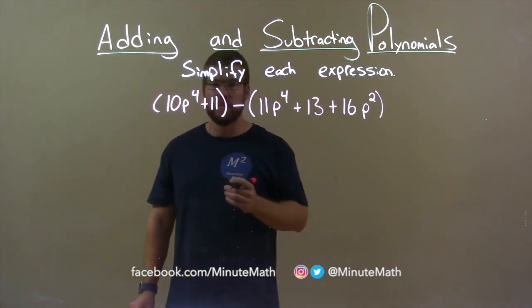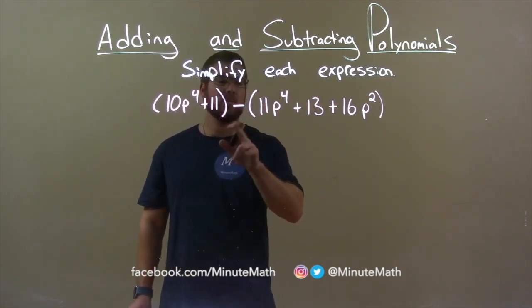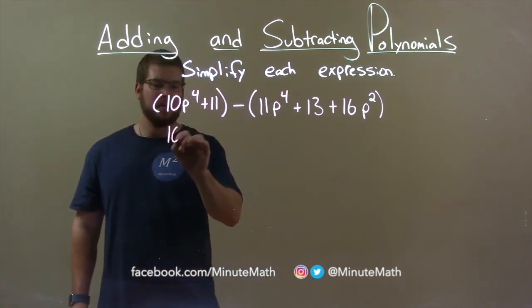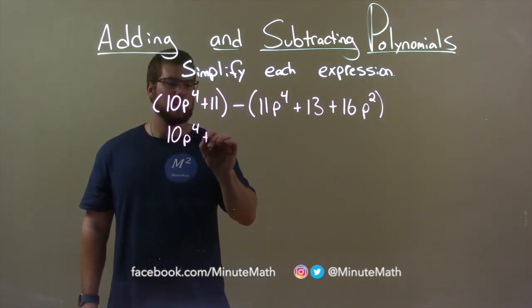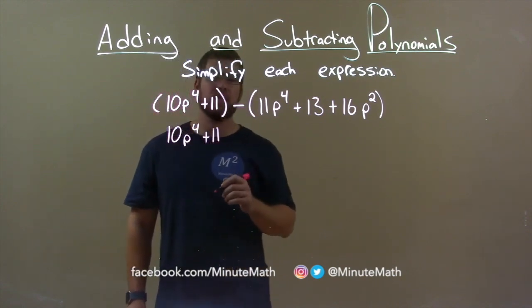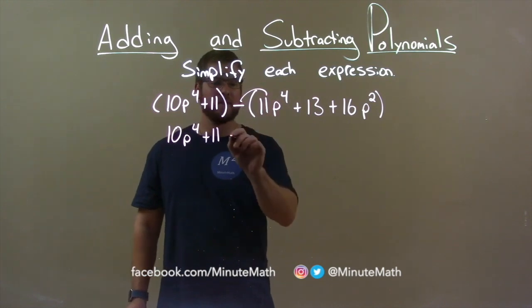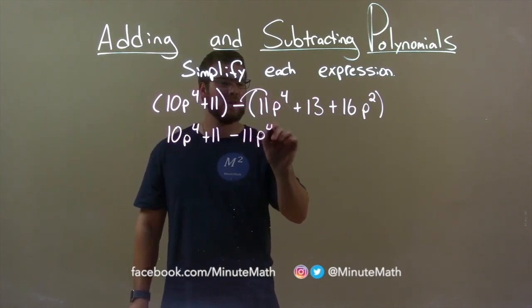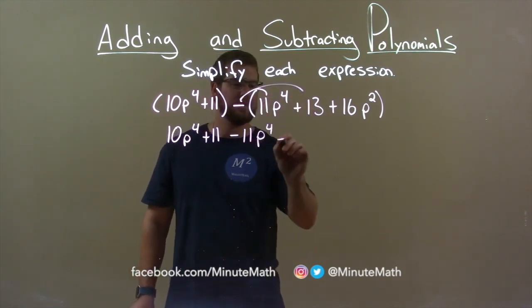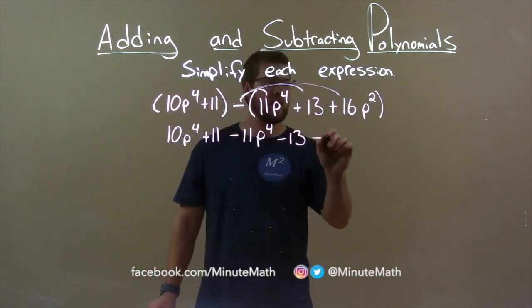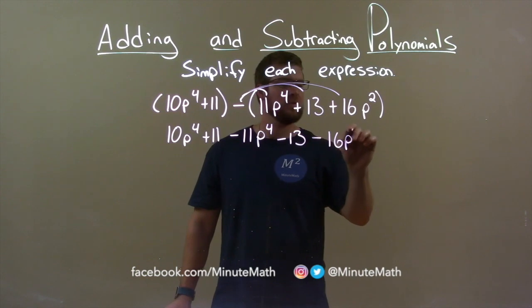And the answer is no. So now we need to distribute this minus sign to the second parenthesis. Bring down the 10p to the fourth plus 11, and now let's look at distributing the minus sign. Minus 11p to the fourth here, bring it over to the 13, minus 13, and bring it all the way over to the end, and we have a minus 16p squared.